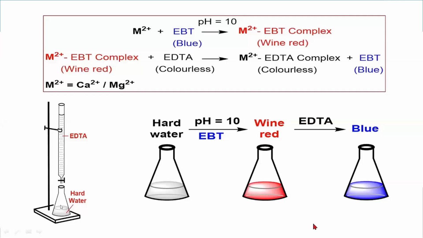After adding Eriochrome Black T we get a wine red color. Later we do the titration with the EDTA, and we get a steel blue color. This is the final result.